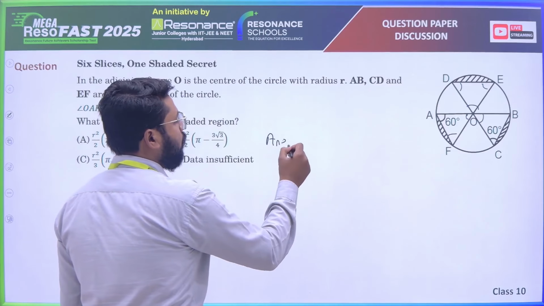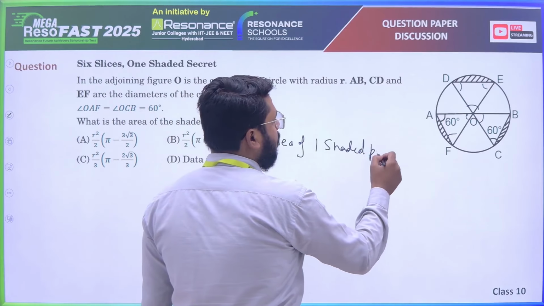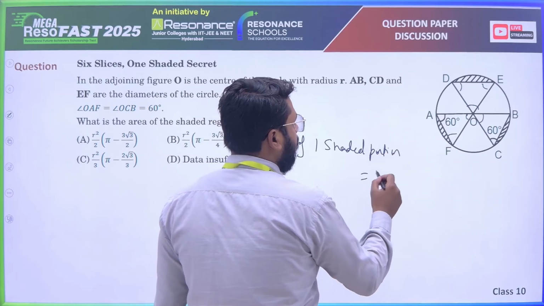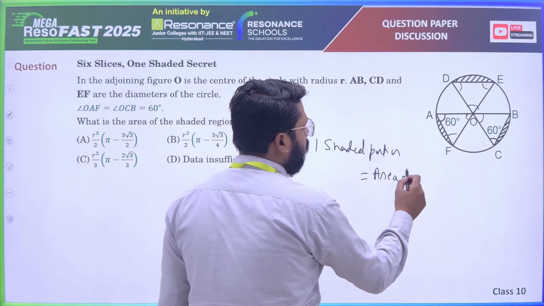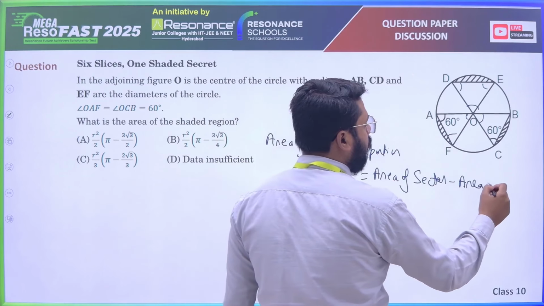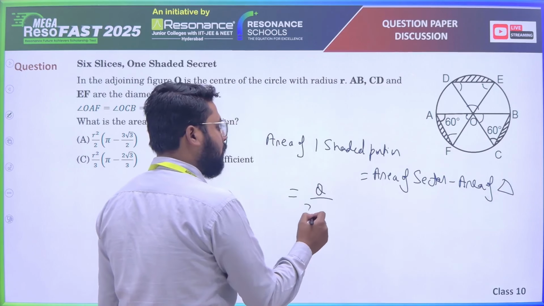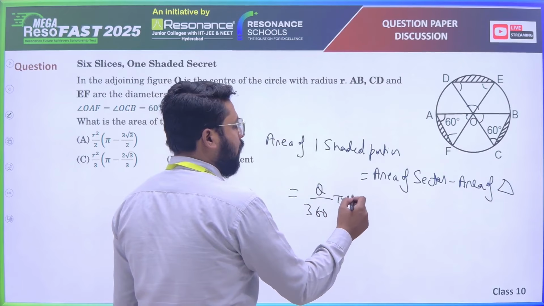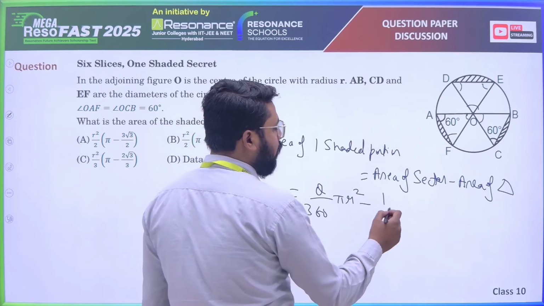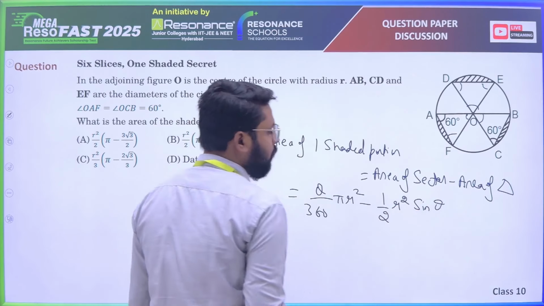So first, the area of one shaded portion will be area of sector minus area of triangle. The area of sector is theta by 360 pi r square, and for the area of triangle we use half r square sine theta.